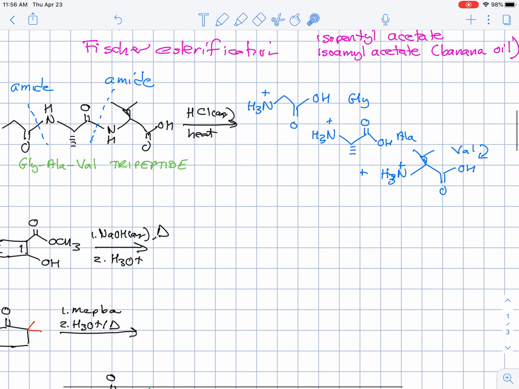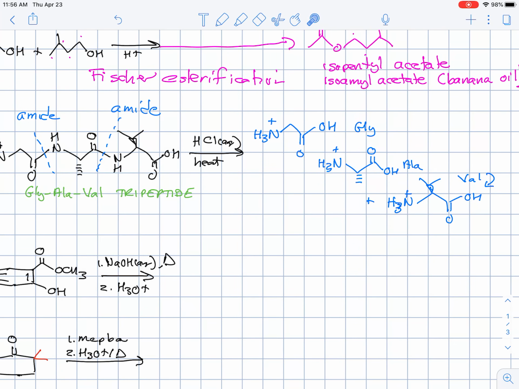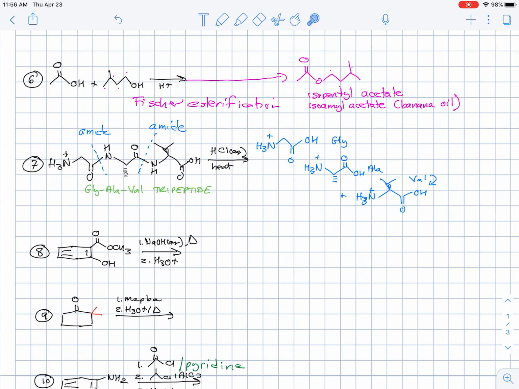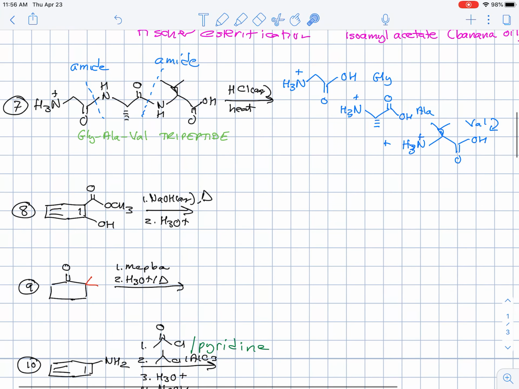And we'll see how much biochemistry we end up doing this semester, so that might be your tripeptide biochemistry for the semester.